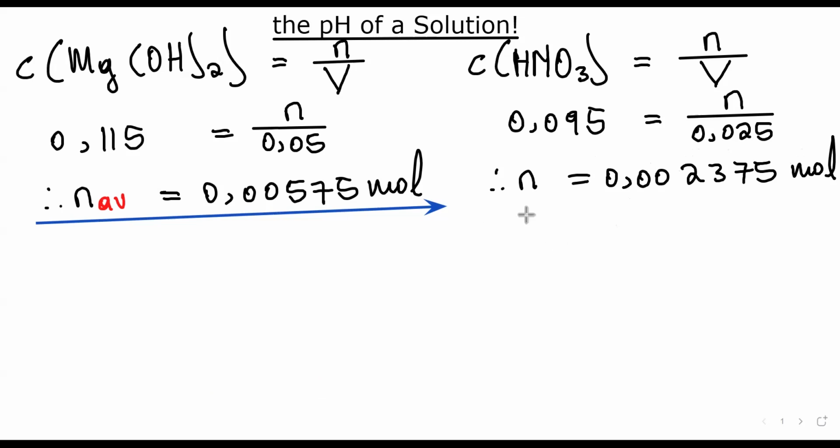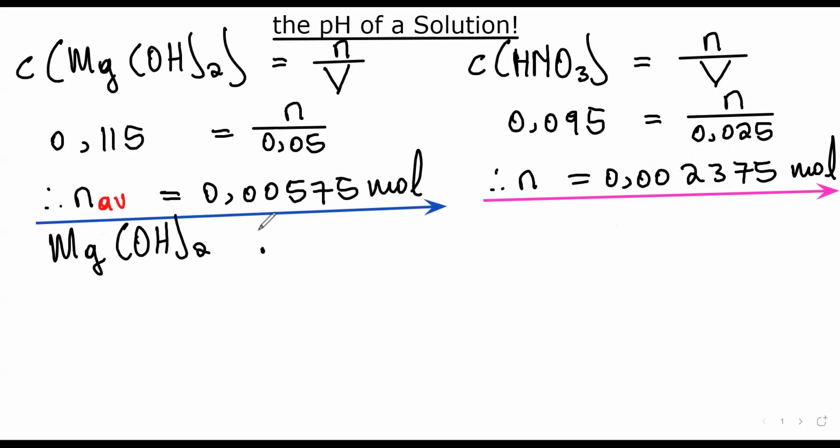Then we come to the mole ratio between this acid as well as the base. So we tell them that, well, according to the balanced chemical reaction, the relationship between magnesium hydroxide and nitric acid is actually a 1:2 relationship.